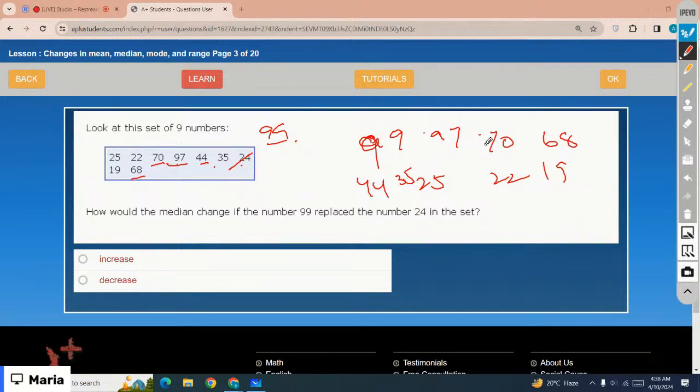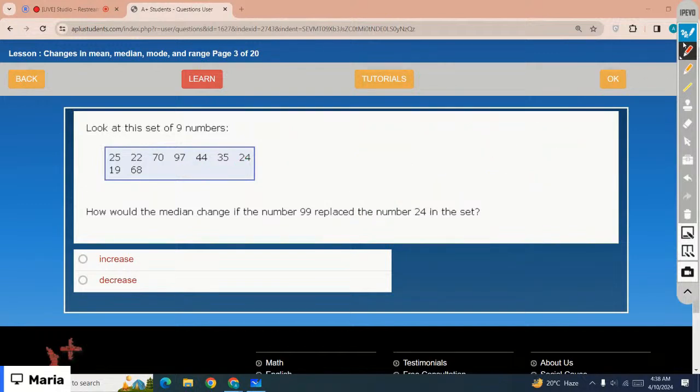The median is the fifth number, so 44 is the median. Yes, increased it is. The correct option is increased.